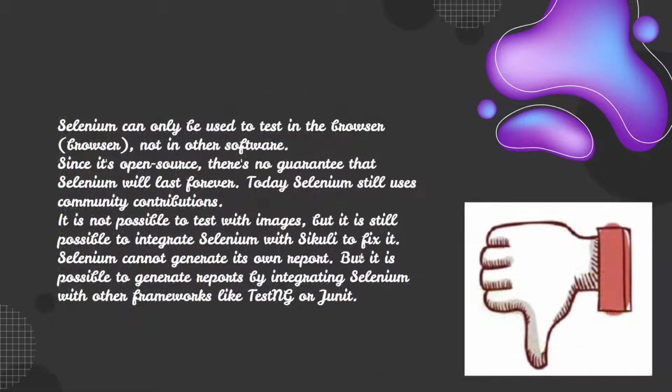The downsides. Selenium can only be used to test in browsers, not in other software. Since it's an open source tool, there's no guarantee of its longevity, and as of now, it still works because the community is really working together.